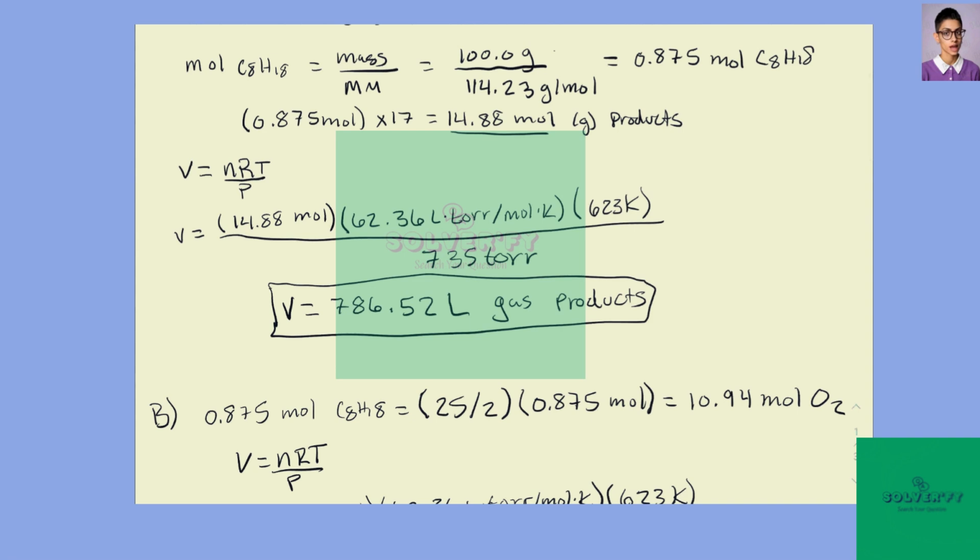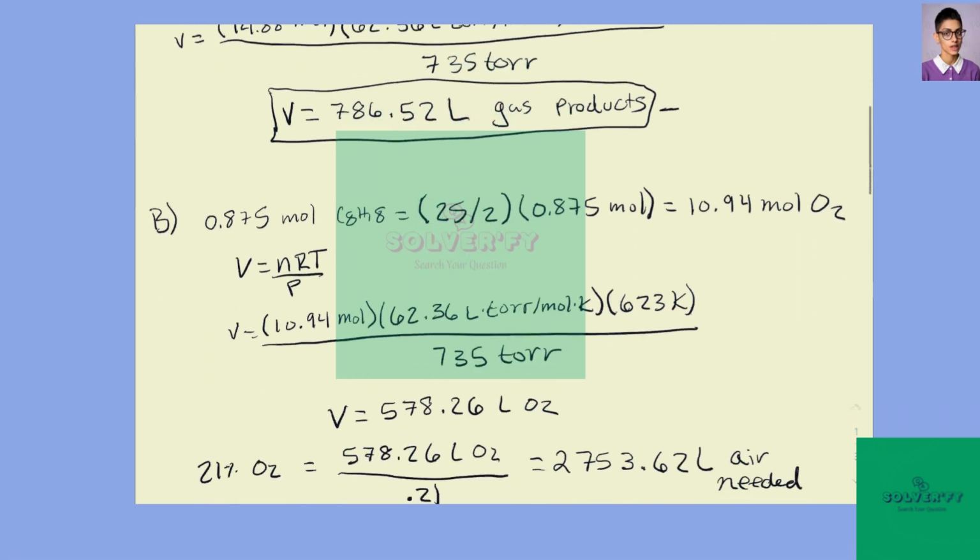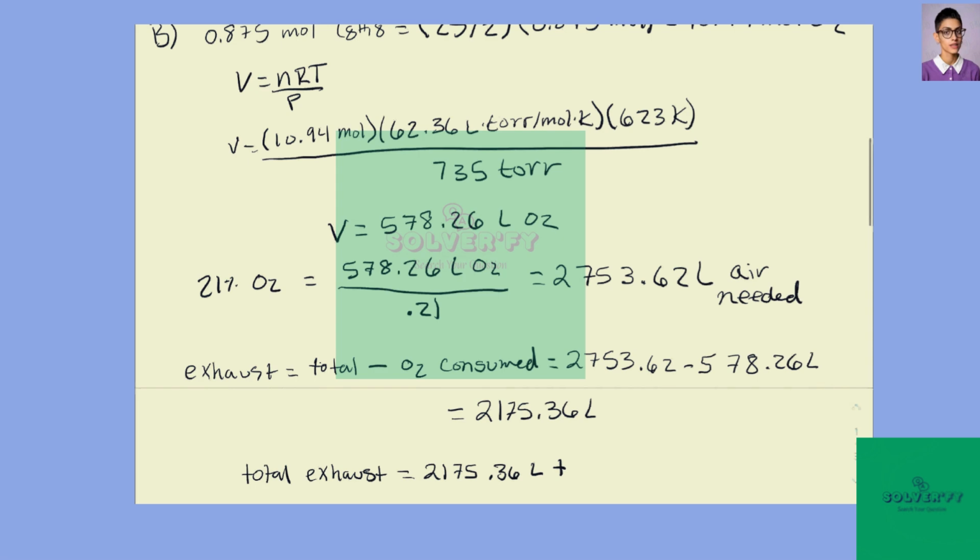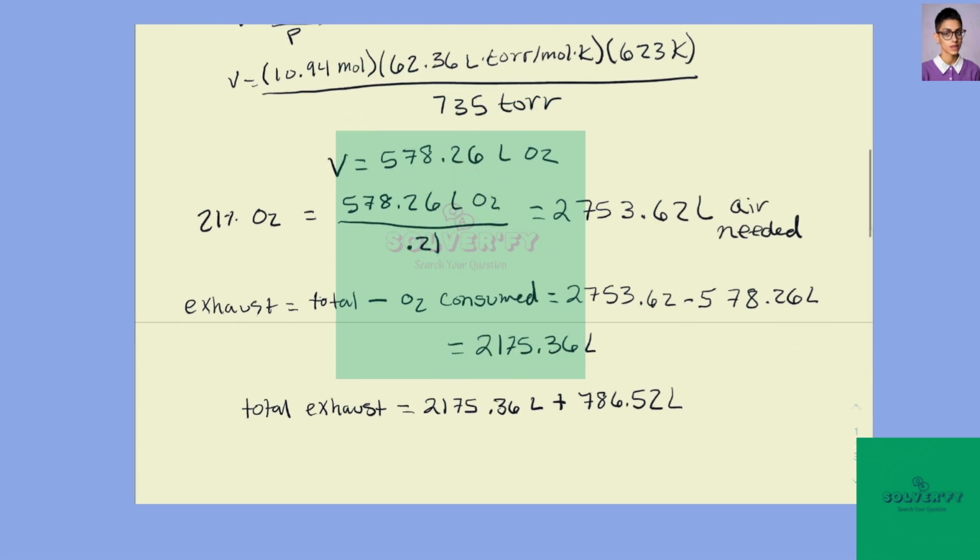This is also part of our gas product, so this is also in our exhaust, so we need to add 786.52 to this. Alright, so when we add these two together, our new volume of our total exhaust is 2,961.88 liters. And that is the total exhaust with just O2.